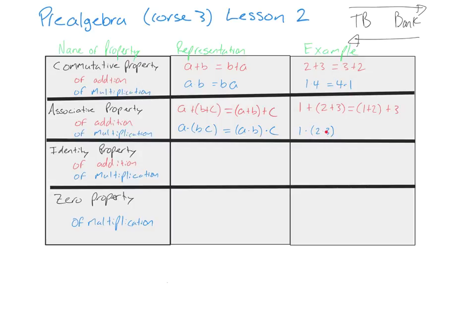Well, 2 times 3 is 6, so it would be 1 times 6, which gives you 6. Is that really the same thing as 1 times 2 times 3? What's 1 times 2? That would be 2. Then times 3, so it's 2 times 3, 6. So yes, either way, you'd get the answer of 6.